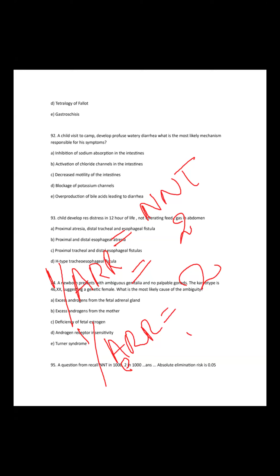And when you just divide 1 by 2 and put the absolute risk reduction on the other side, what would be the answer? 1 divided by 2 is equal to 0.5. They are saying 0.05, 2 in 1000.